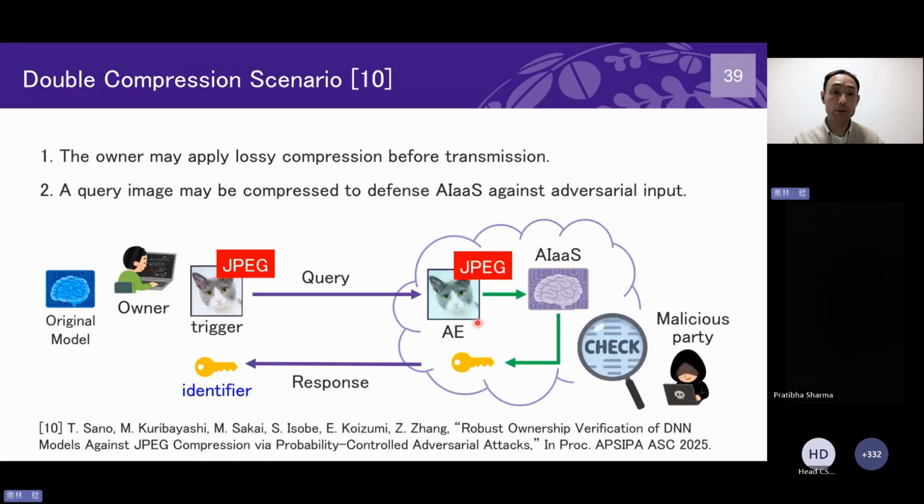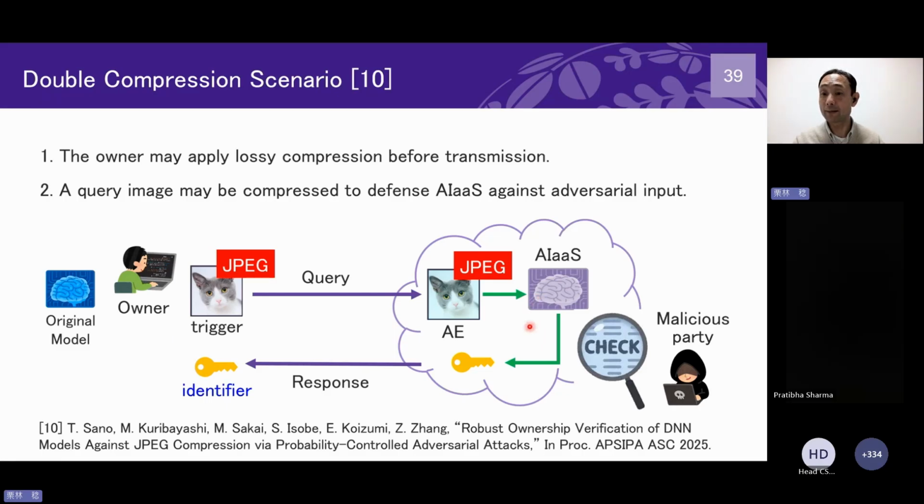Okay, and the second one is the case of JPEG compression. There are scenarios where the owner will try to create an adversarial example and compress the image by JPEG at the owner side, then query the cloud server.